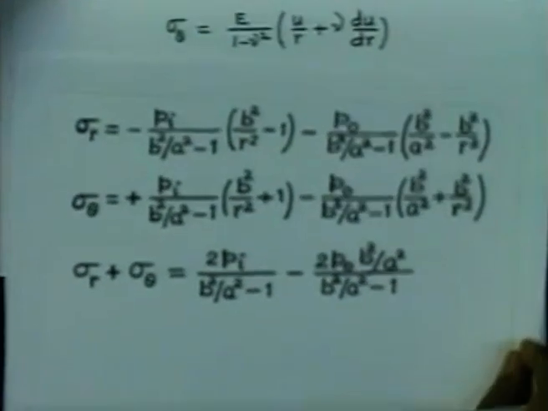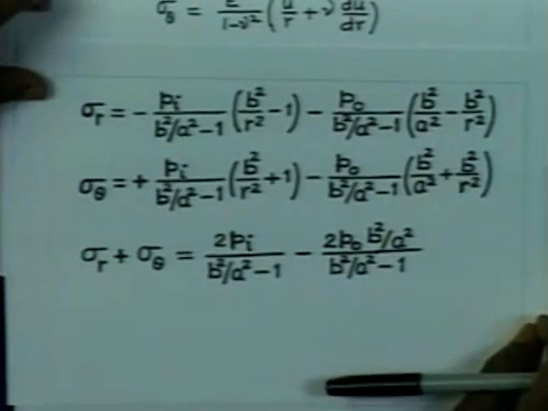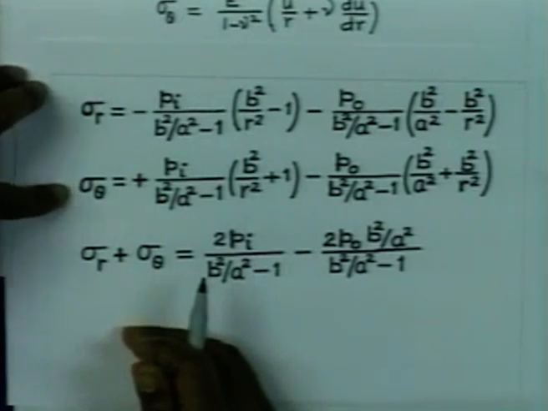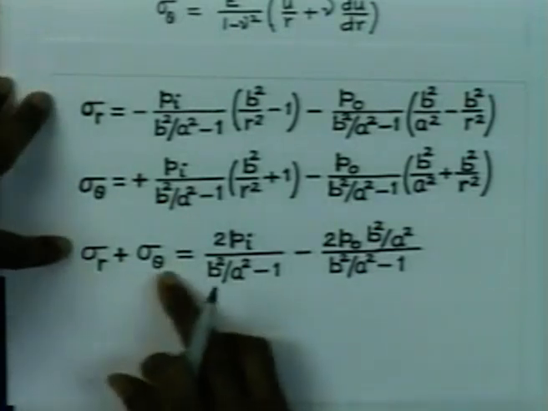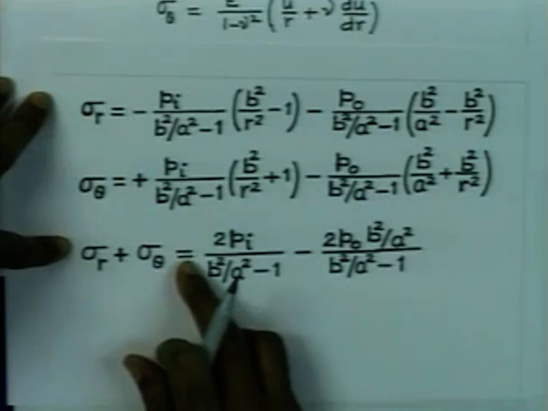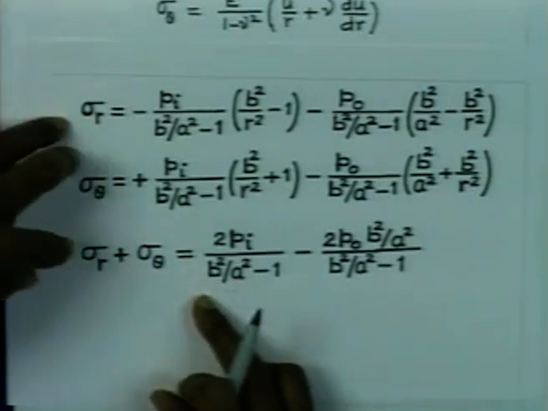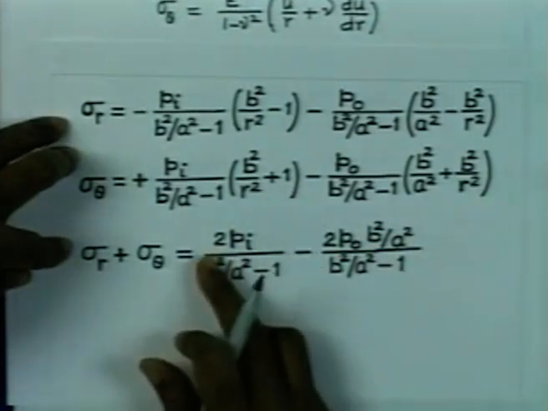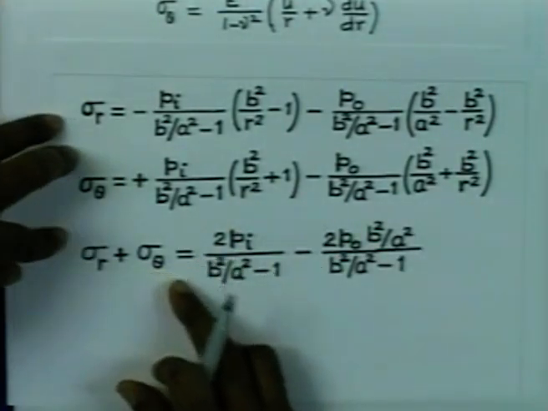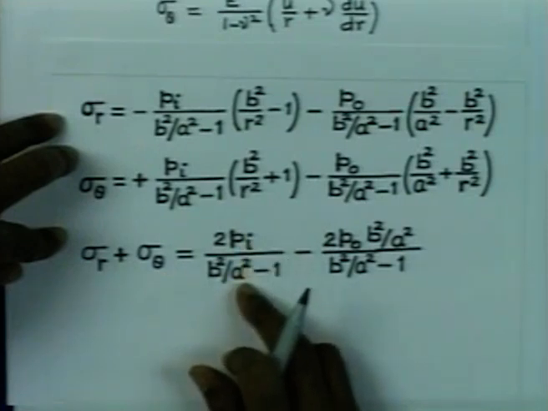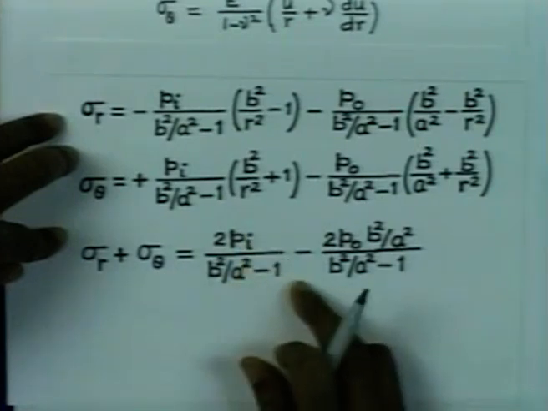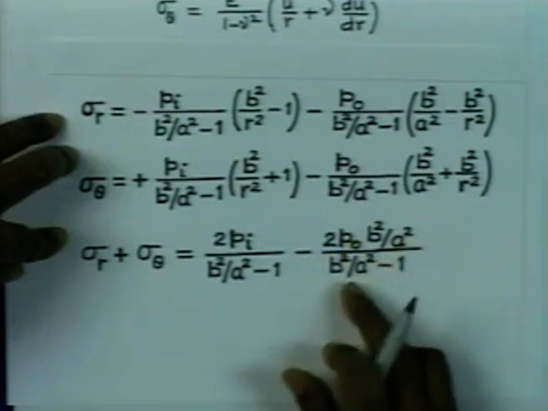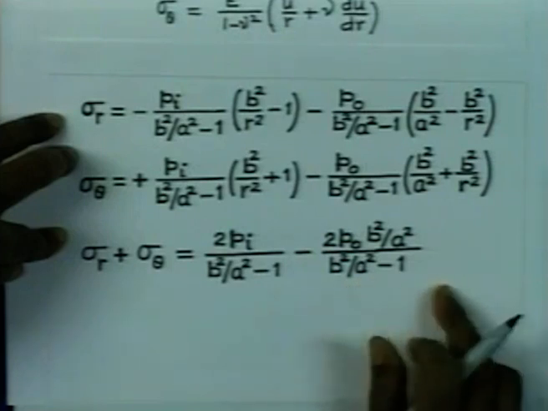You note that this particular stress distribution is such that if we take the sum of the two stresses, that is sigma r plus sigma theta, the terms involving r cancel and we have the sum of the two stresses equal to 2 Pi divided by (B square by A square minus 1) minus 2 P0 (B square by A square) divided by (B square by A square minus 1).